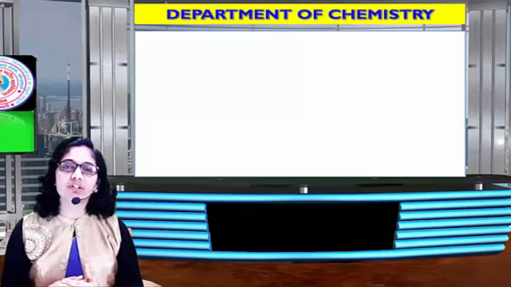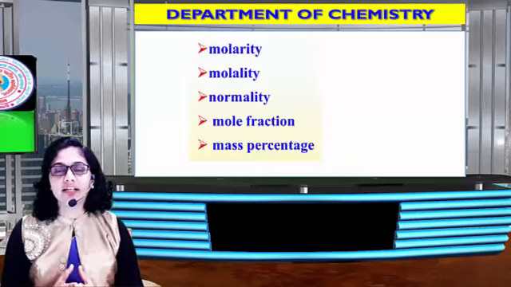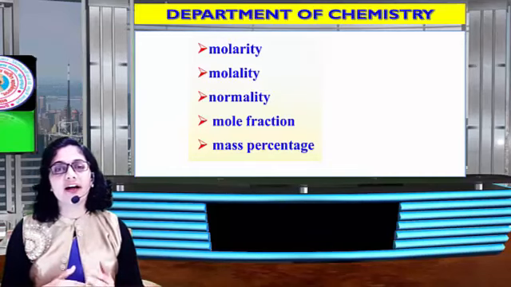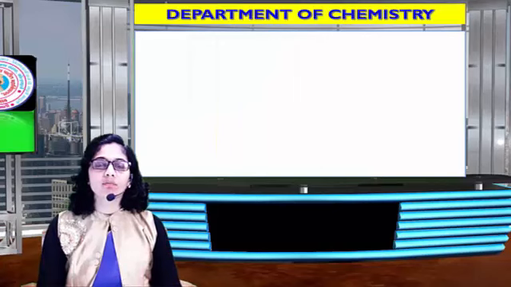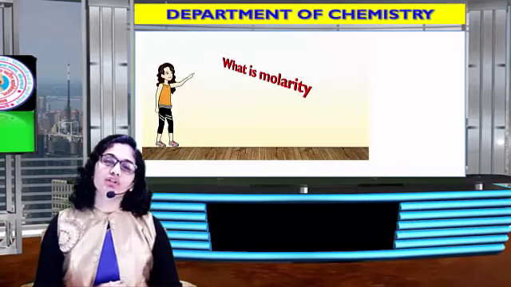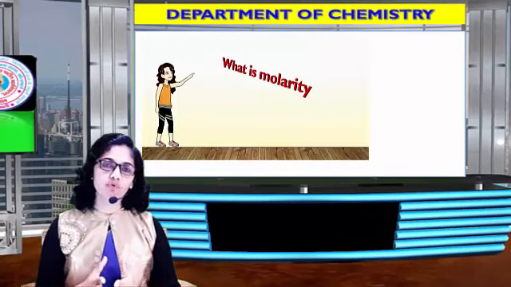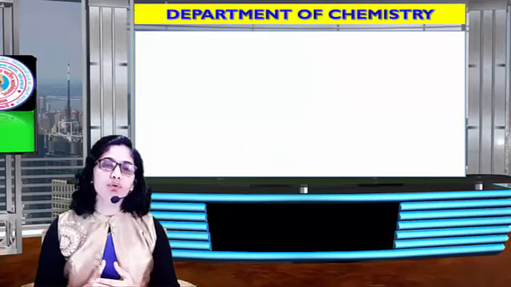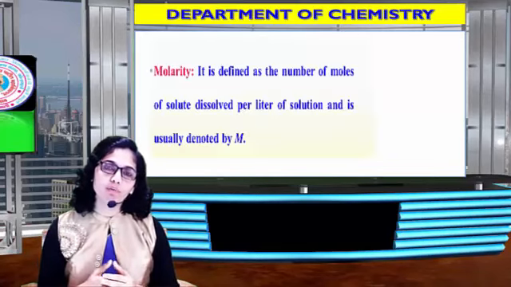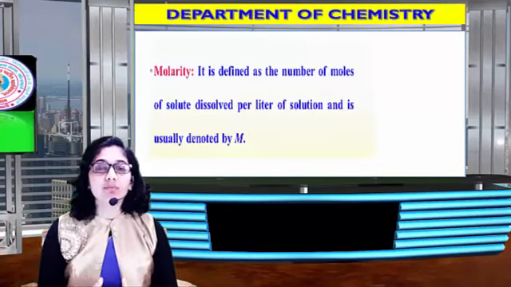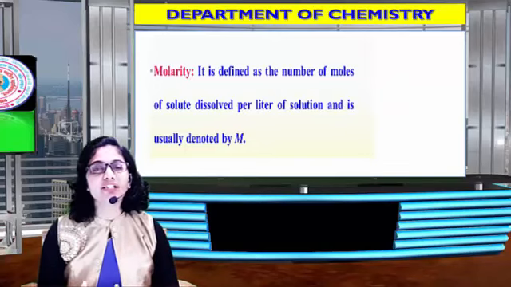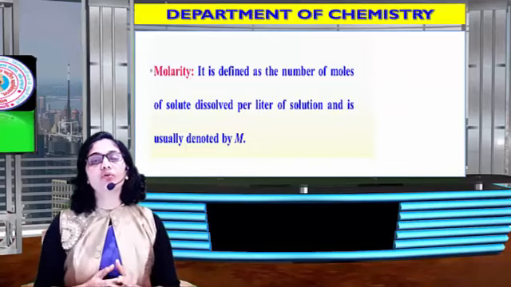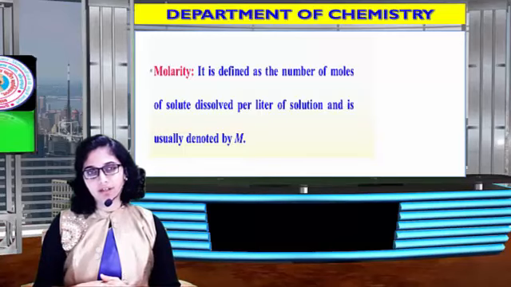that concentration can be measured in different ways, such as molarity, molality, normality, mole fraction and percentage. Molarity: for the determination of concentration in the form of molar, we need to take the ratio of the number of moles of solute present in the solution to the total volume of the solution, right?